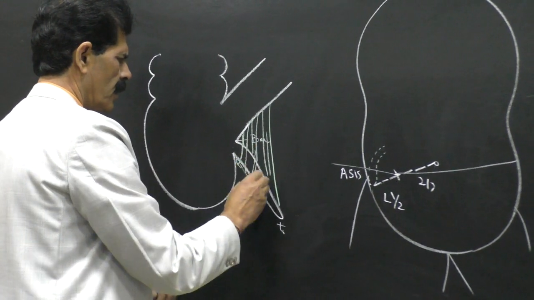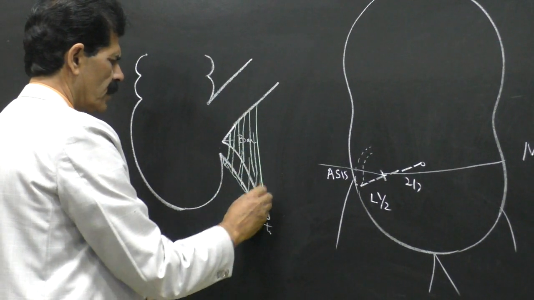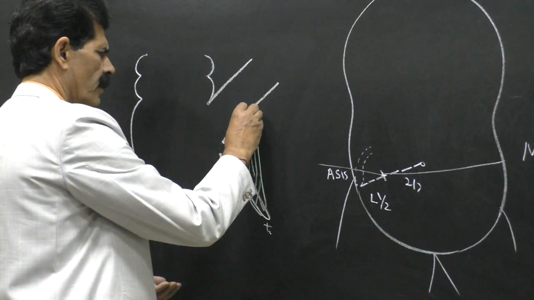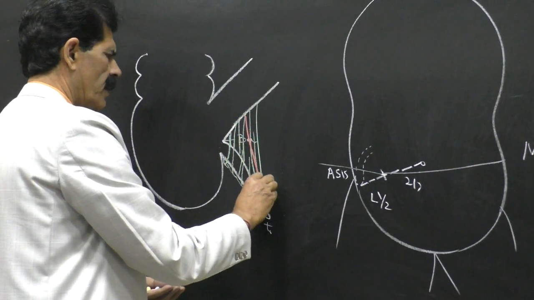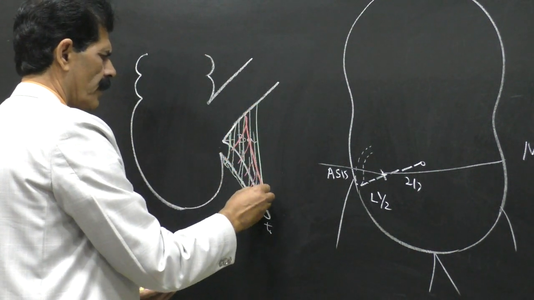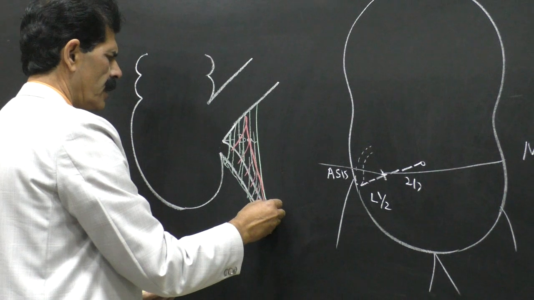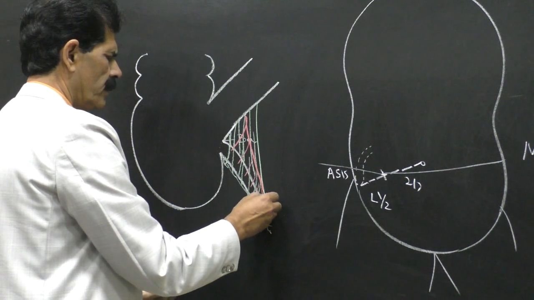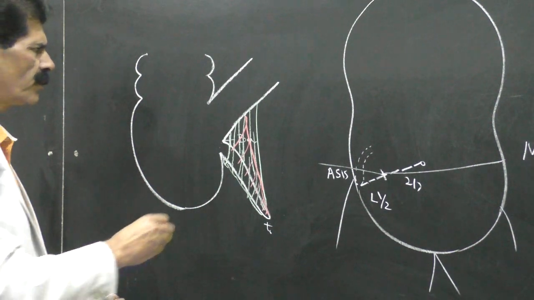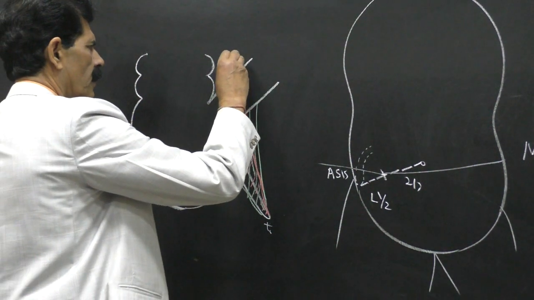And the arterial supply runs in the mesoappendix, the double fold, and it supplies the appendix and reaches short of the tip.